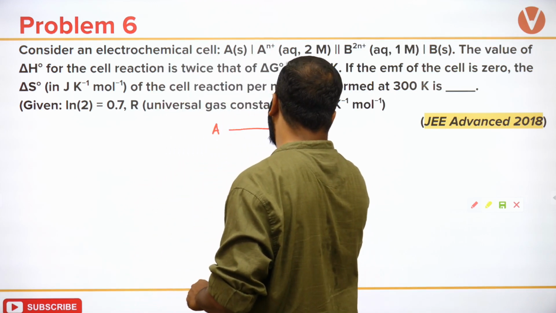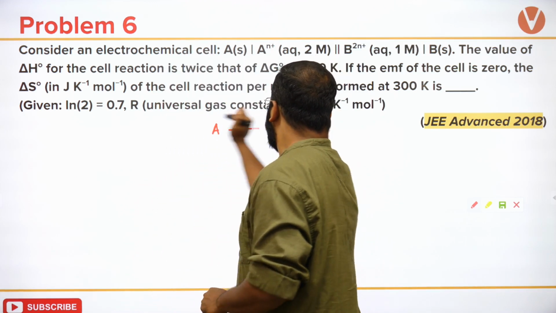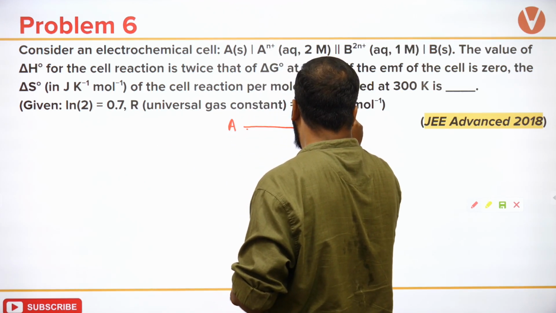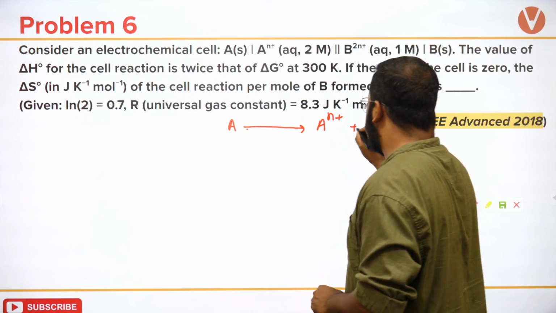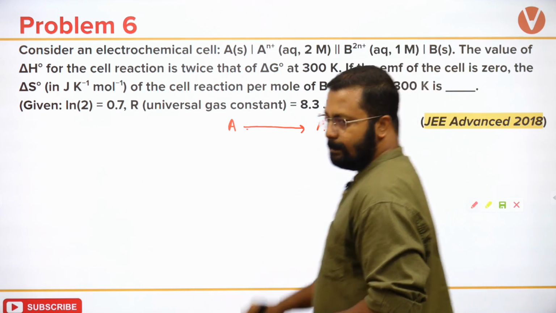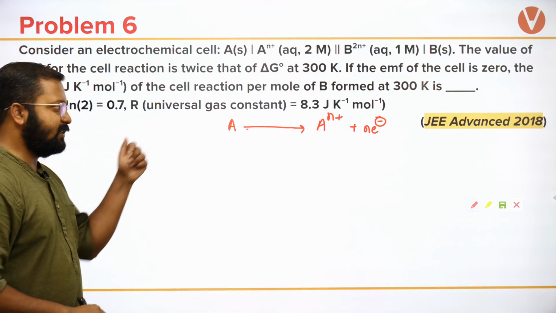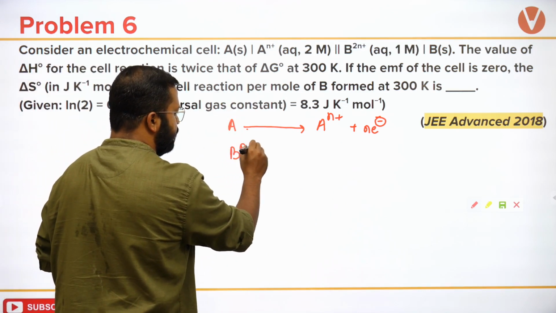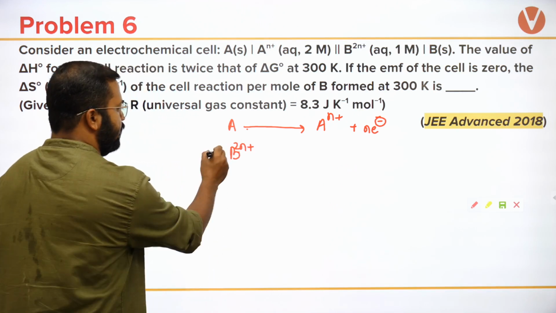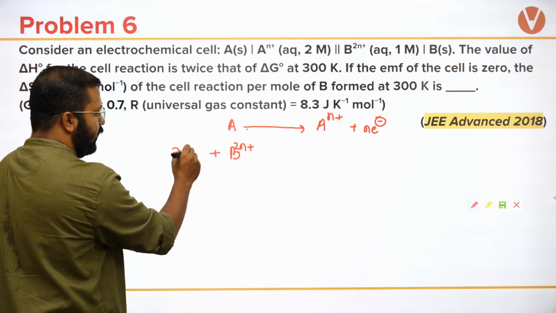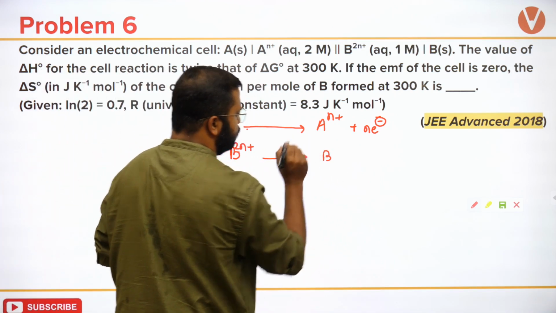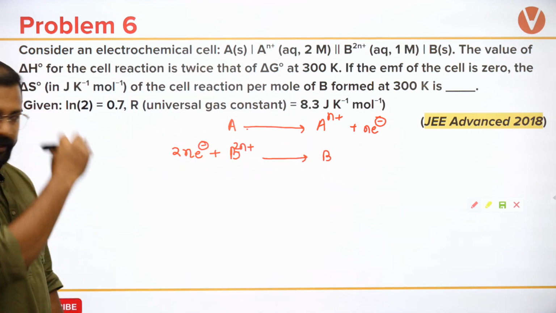A changes to A n+, that means it gives out n electrons, and B 2n+ takes up n electrons to change to B, isn't it?